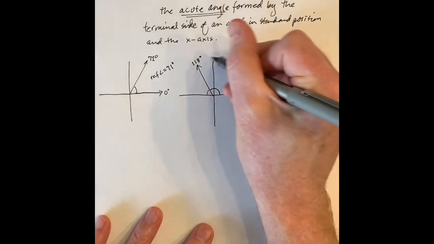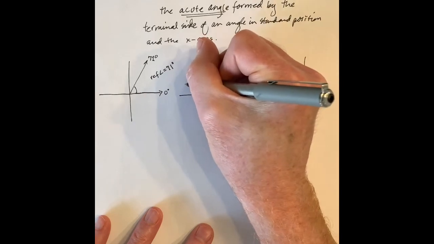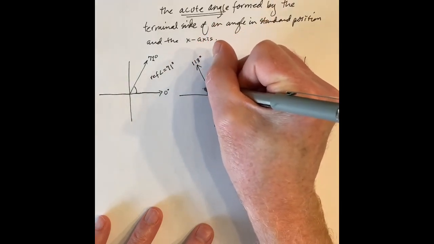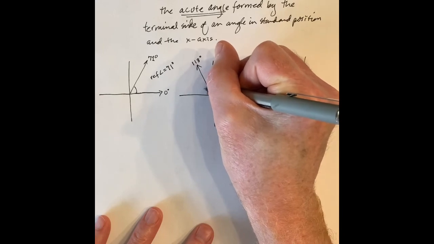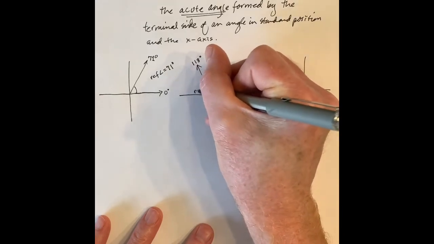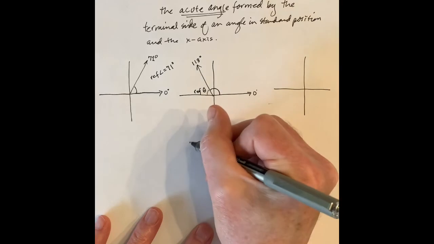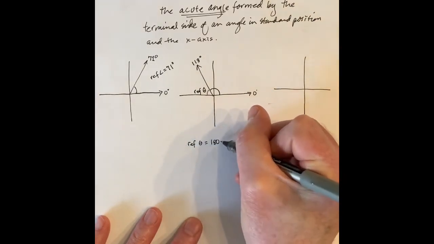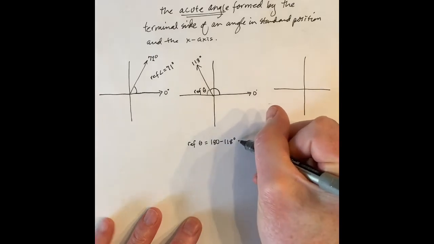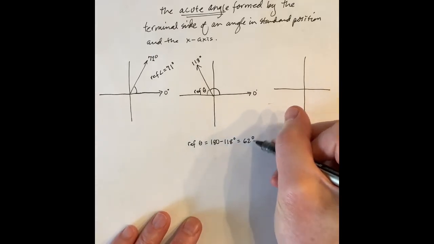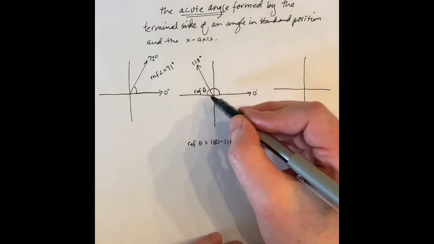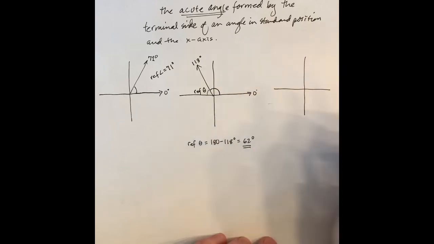Well, remember, if the whole thing is 180, I can take 180 and subtract that 118. So the reference angle right here, I'll call that theta, reference angle. So the reference angle here, I'm just going to go 180 minus that 118, and I end up with 62 degrees. And if I mess the math up a little bit, cut me some slack. But that means the reference angle, this little bitty angle right there, would be 62 degrees.